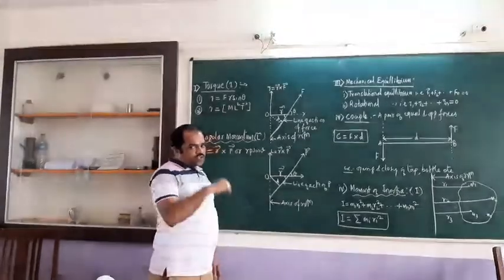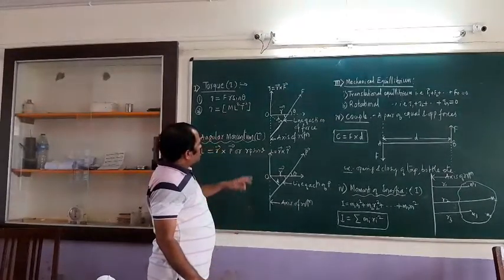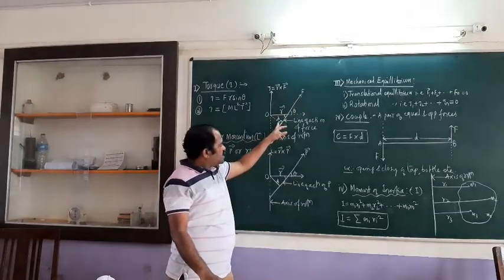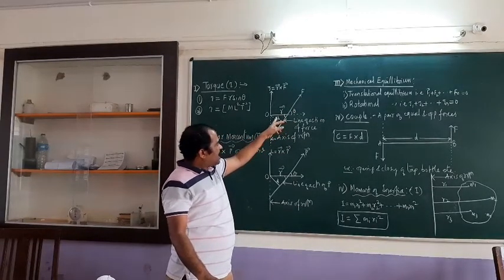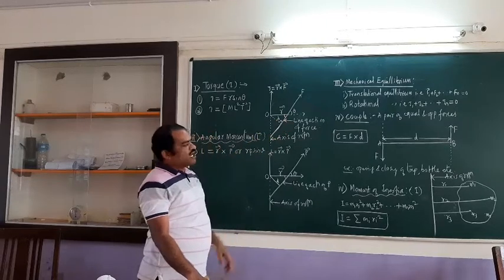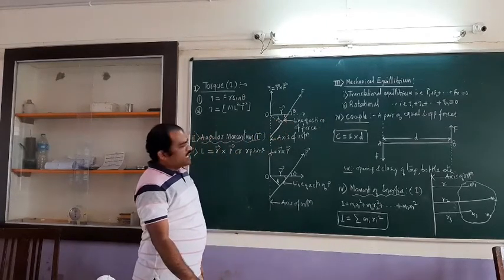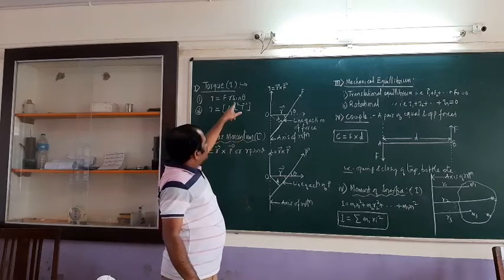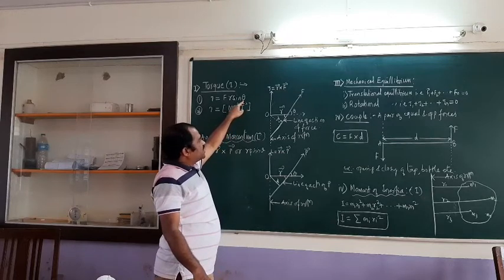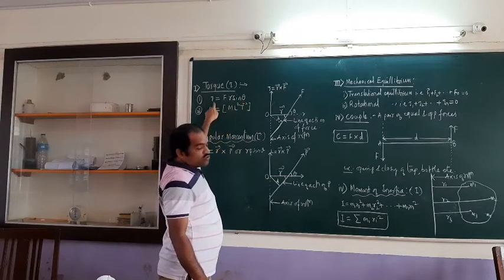Torque is nothing but force into perpendicular distance, F into d, but d is equal to R sin theta, because R becomes the hypotenuse. Now if theta is equal to 90 degrees, the torque value changes.